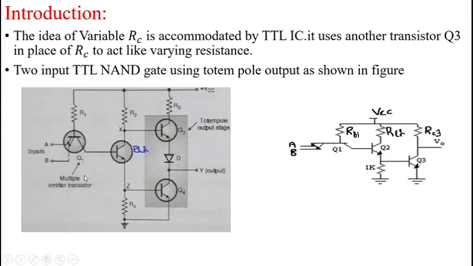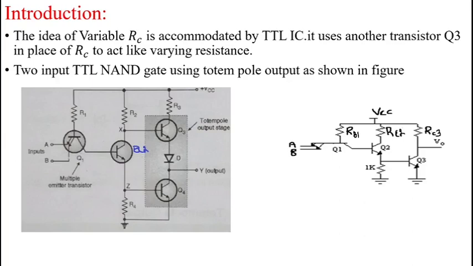Coming to the input stage, we have the Q1 transistor. The Q1 transistor has multiple emitter terminals. Based on these emitter terminals, we specify the number of inputs of the TTL NAND gate. The Q1 transistor output is given to the input of this Q2 transistor.